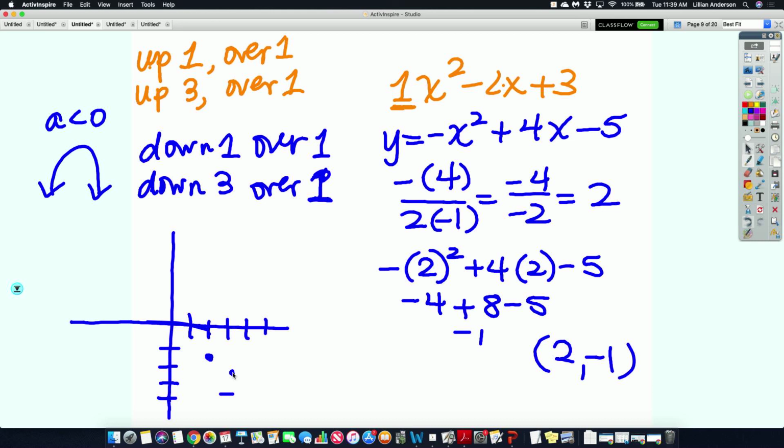Down 3 over 1. And you do it to both sides. Down 1 over 1, down 3 over 1. So a rough, makeshift graph. Okay? And I was actually wrong on the pattern. I had to double check myself. After 3 is up 5 over 1. Not up 6, but 5 over 1.